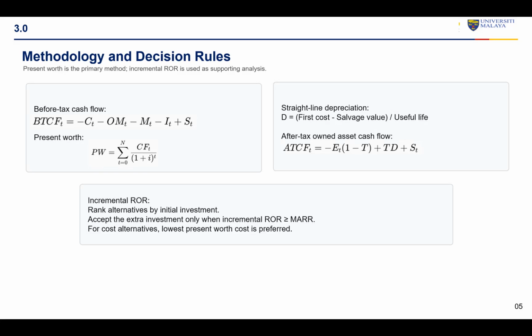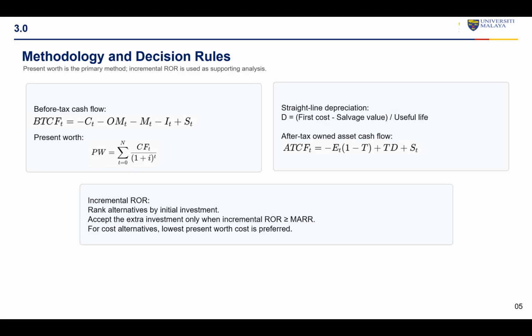And then adding any salvage value. Present worth is then calculated by discounting each cash flow to year 0 using the 10% MARR. Since these are cost alternatives, the alternative with the lowest present worth cost is preferred. For rate of return analysis, individual IRR is not meaningful because there is no explicit revenue.